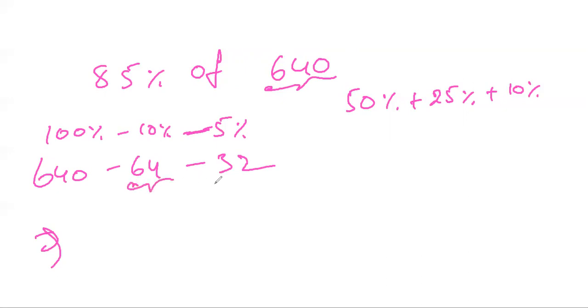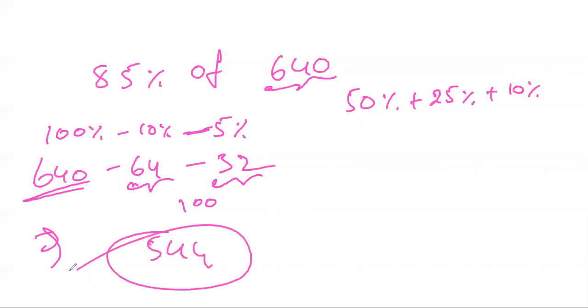I told you this is 96. Make it 100. Subtract 100. And add 4. 540 plus 4. 544. Are you getting this?